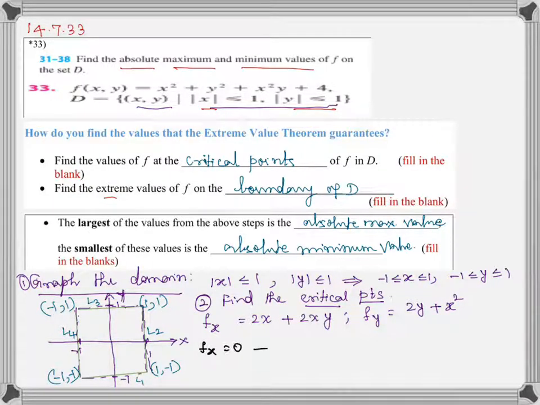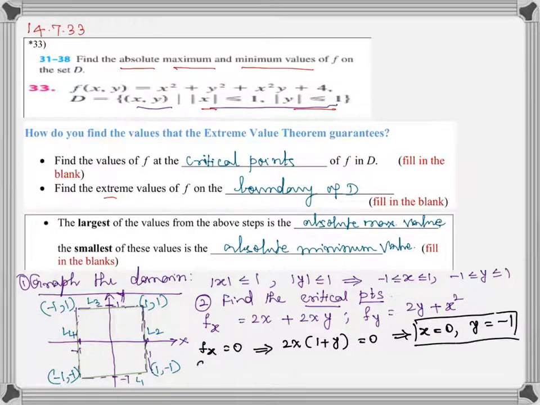Setting fx equal to 0, we get 2x times (1 plus y) equal to 0. This would give us x equal to 0 or y equal to -1. We'll plug both of these into fy equal to 0. That gives us 2y plus x squared equal to 0.